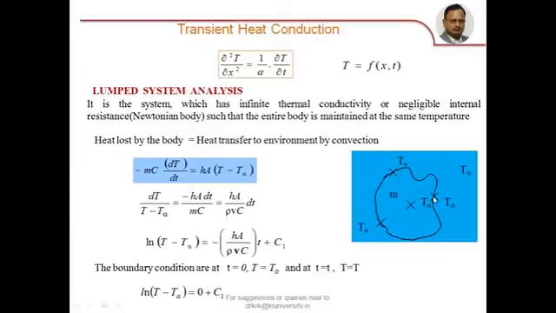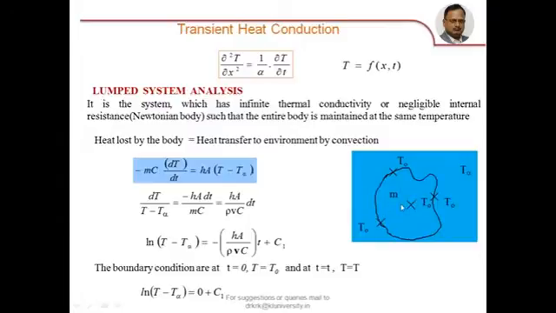Not only the surface temperature, all the points within the body will reach a temperature of 200 degrees centigrade. So there won't be any temperature gradient at any point of time within the body, and hence it also loses heat as a lump and is known as lumped system analysis. I hope my point is clear.